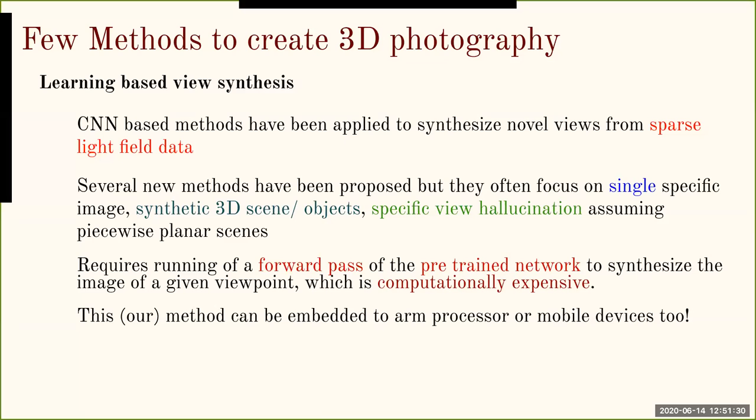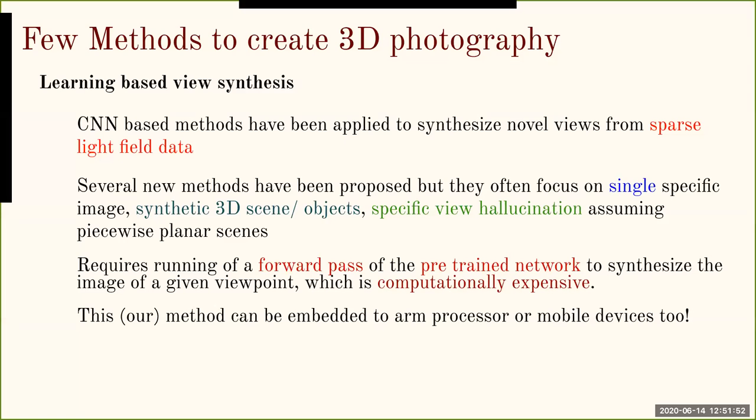CNN-based methods have been applied to synthesize novel views from sparse light field data. What is meant by sparse light field data is that we do not have so much light, or so much intensity, to give a general overview of where to synthesize and what inpainting models to use.